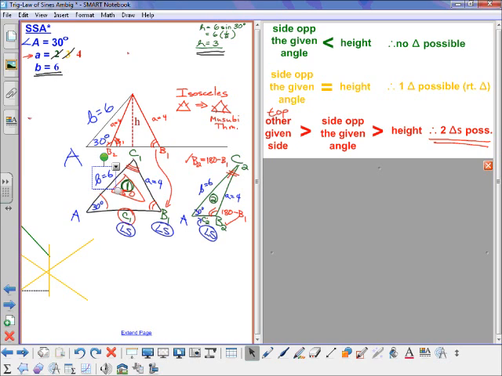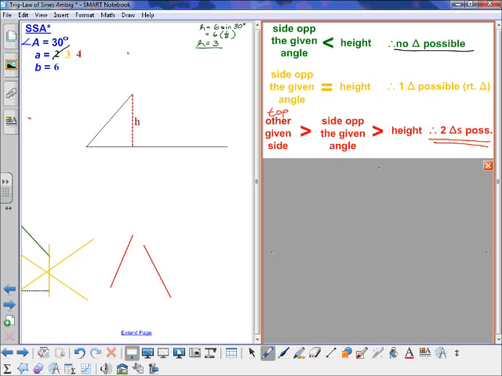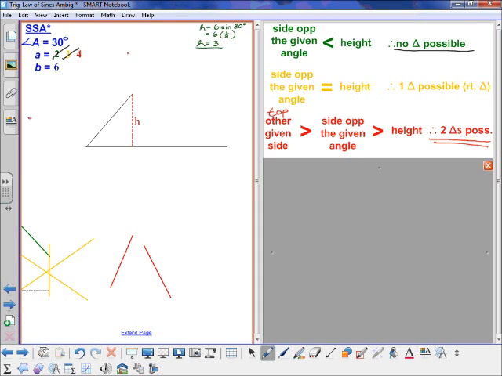Okay, so let's go back to this page, clear it up. Okay, let's move the isosceles parts out. Okay, so we did where side opposite the given angle was 2, that was less than the height. That was good, no triangle possible. Then we did number 3, side opposite the given angle was equal to 3, which was equal to the height.